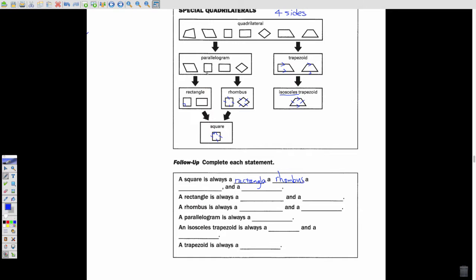And if you go further up, a square is always a parallelogram, and always a quadrilateral.